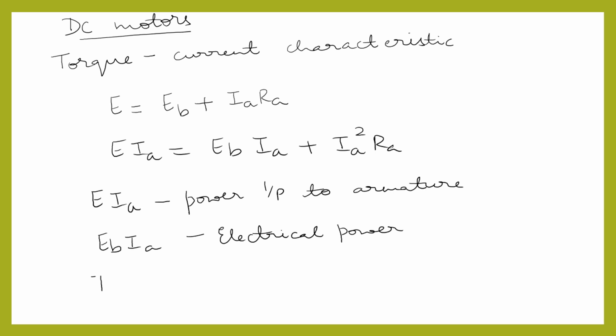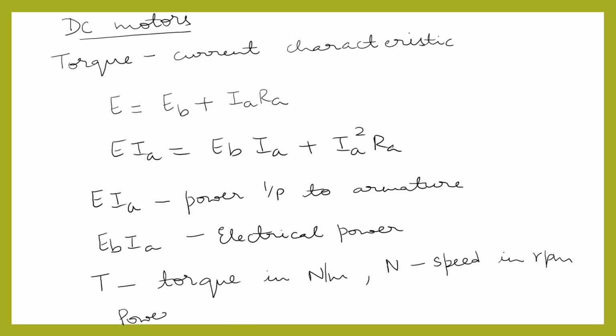If T is the torque of the motor in Newton meter and N is the speed in RPM, then the power developed is given by 2 pi NT by 60 watts.